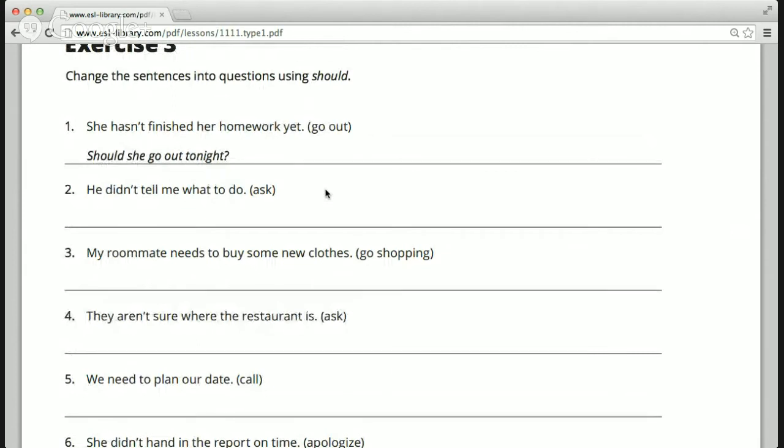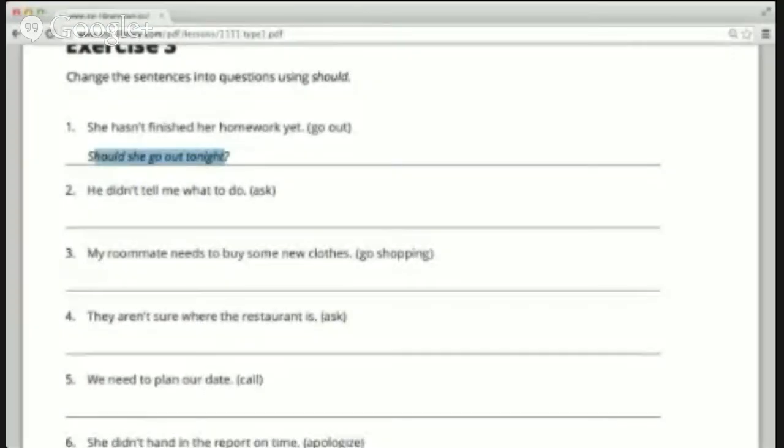Should she go out? No, I don't think she should go out. We're going to add a second step here. We're asking the question, should she go out tonight? No, I don't think she should go out tonight. Or, yes, I think she should go out tonight.